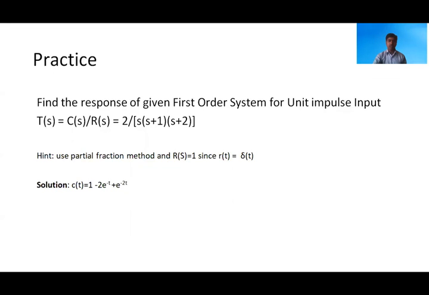The unit impulse function's Laplace transform is 1, so the hint is also given. Therefore, the solution is c(t) is equal to 1 minus 2 e power minus t plus e power minus 2t. So the solution is also provided for cross verification after practicing this problem. I hope you practice this problem so that you can understand how much you have understood this topic.